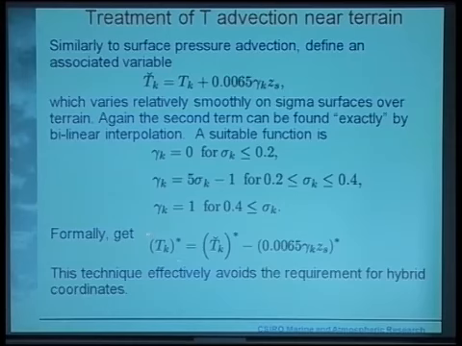So we've got an upstream value of the temperature, so it's an upstream value of this T hat, which now varies quite smoothly over topography, and this term which has just got this ZS. So again, bilinear for this term, and bicubic for this one, and you get rid of most of your topography effects as regards the interpolation needed for the semi-Lagrangian.